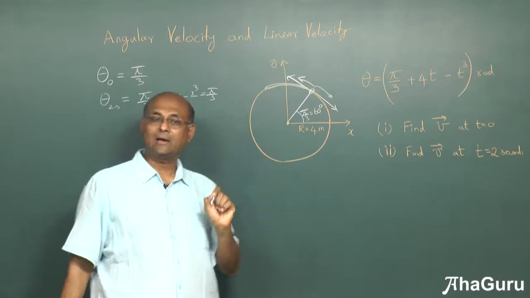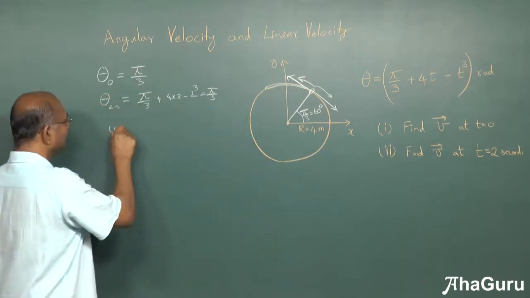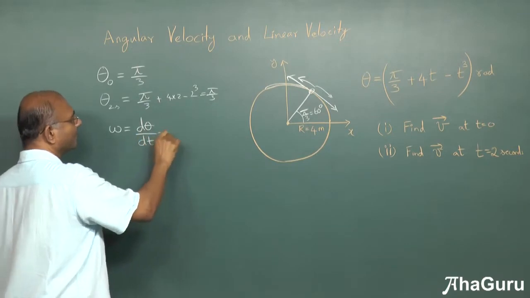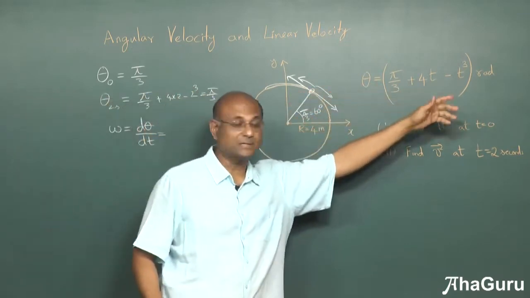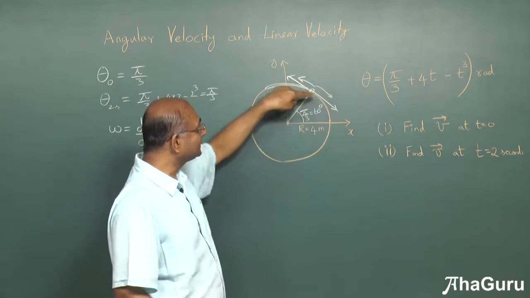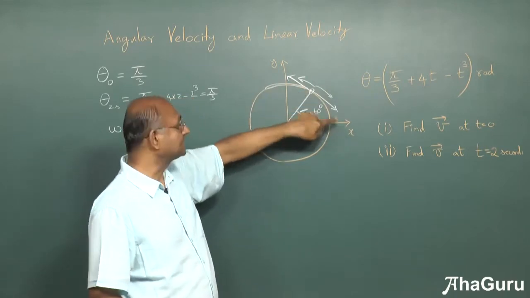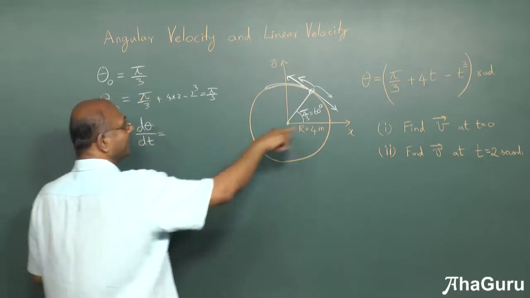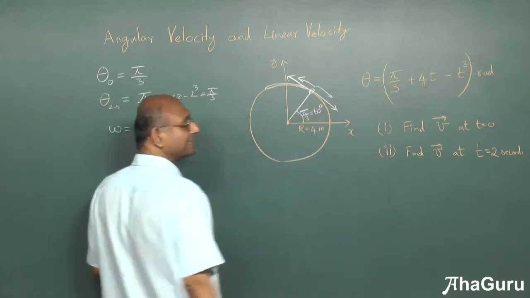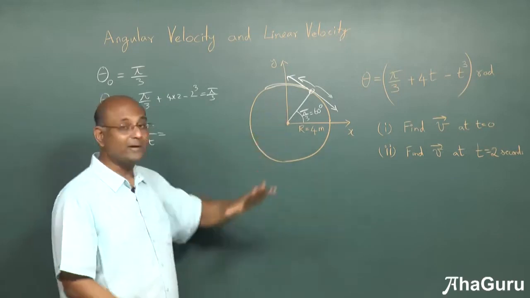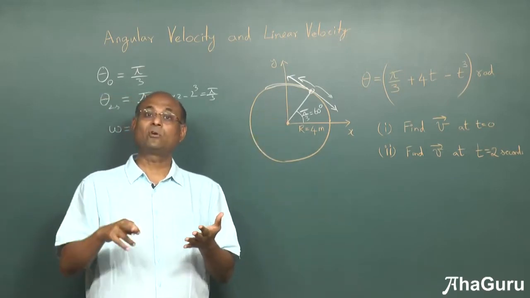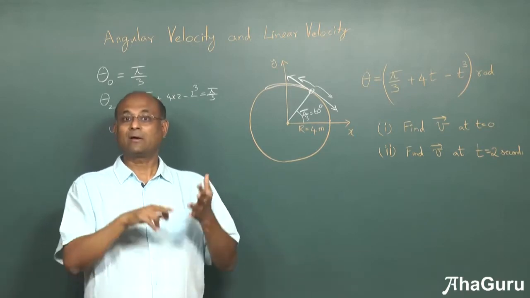So how do I find the angular velocity? That is no big deal. It is simply d theta by dt. I know theta is this expression. Notice that at t equals 0, it's not starting at the x-axis. It's starting somewhere there, which is okay. It can start anywhere it wants. So when I differentiate d theta by dt, the starting term is going to give me 0. So the starting point does not matter for angular displacement, and therefore it does not matter for angular velocity.